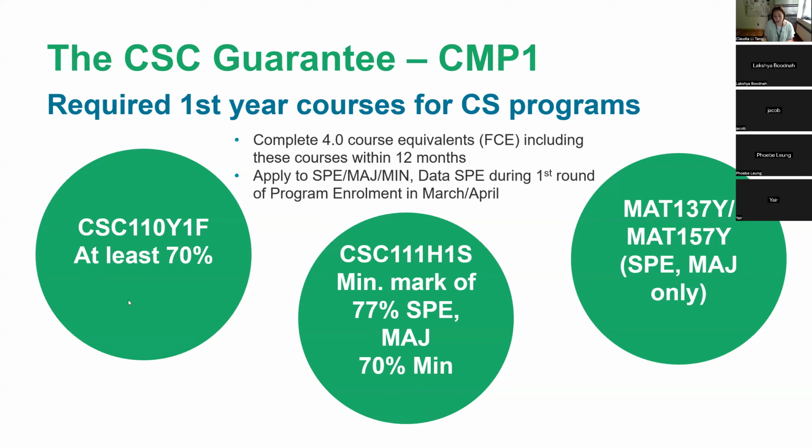So in other words, for students with a guarantee and with the intention of applying to computer science, you should take this course in your first year. And this is a Y course. It's a full year course that is compressed into one term. So course load wise, it actually counts as 2 courses.